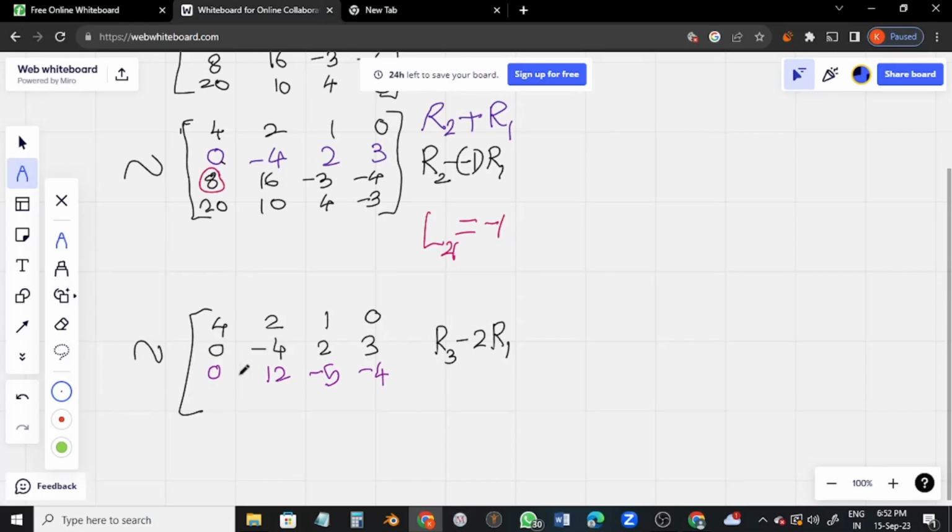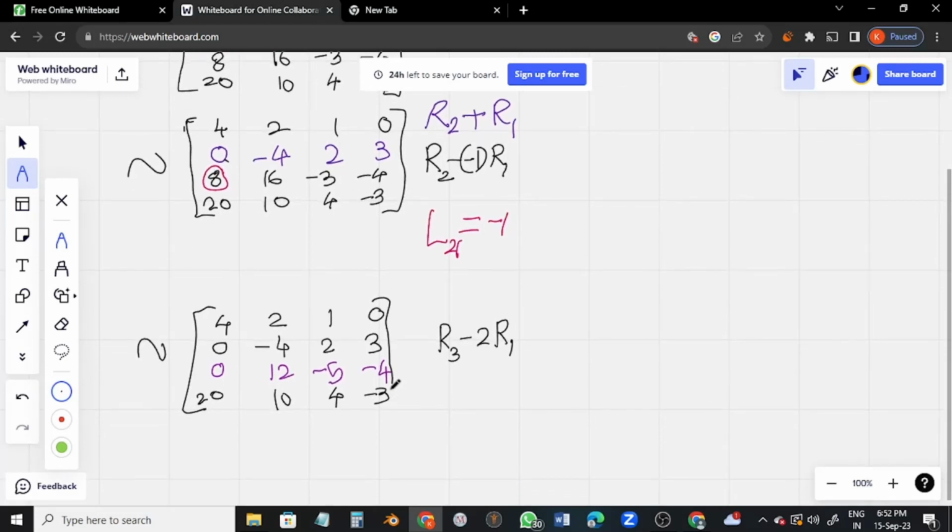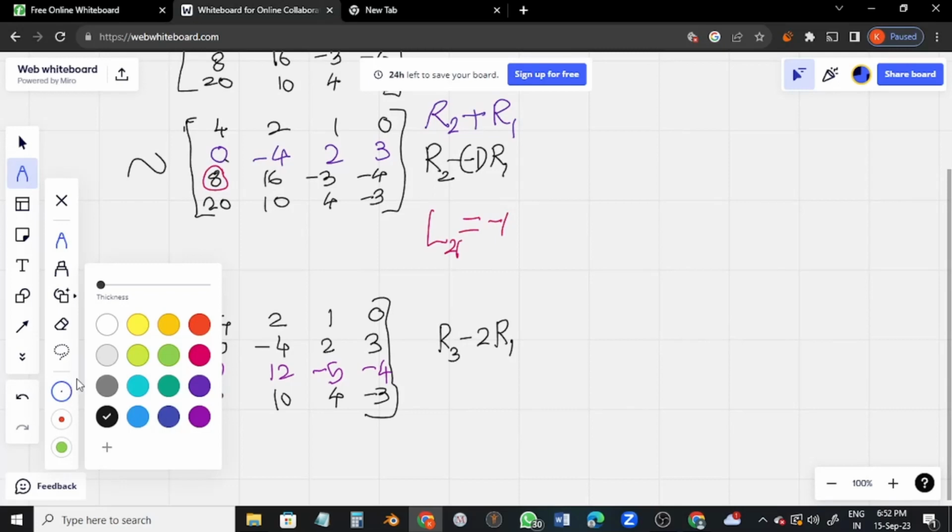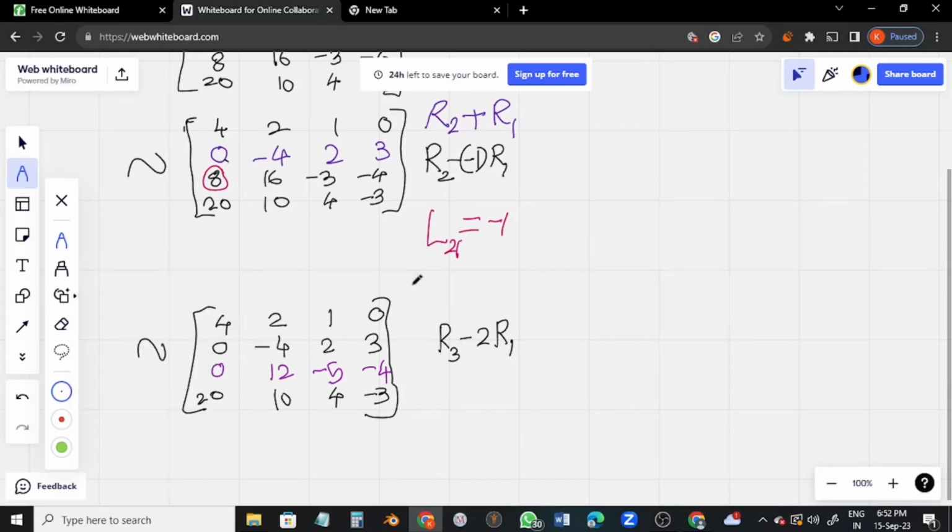And the last row as it is, there is no change. So 20, 10, 4, minus 3 as it is, and our matrix is complete over here. And what is our achievement? Our achievement is the position in third row first column. What I got is, this is twice. I'm subtracting, so this 2 is my achievement. L31, I got 2.